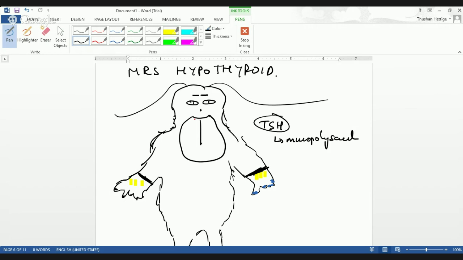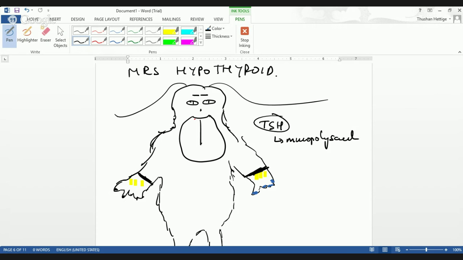Oh, God. Yeah. So why is it that she has a very large tongue? No idea. Myxedema again. Okay. What other endocrine condition gives you a massive tongue? Excess of which other hormone can give you a massive tongue?